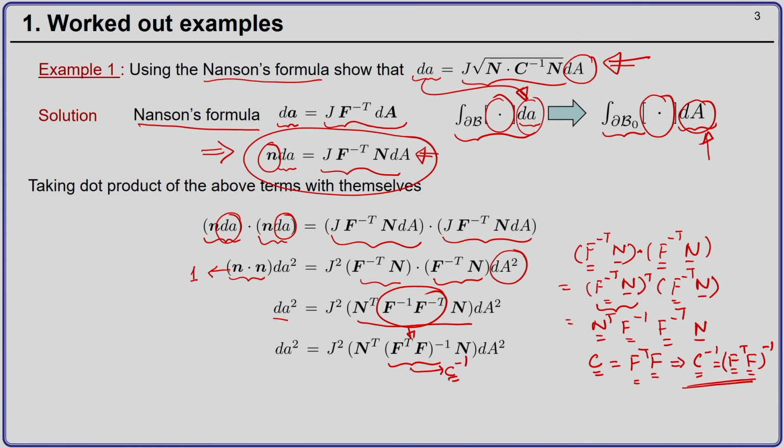Once I do this, what I get is dA square is J square N transpose C inverse N d capital A square.